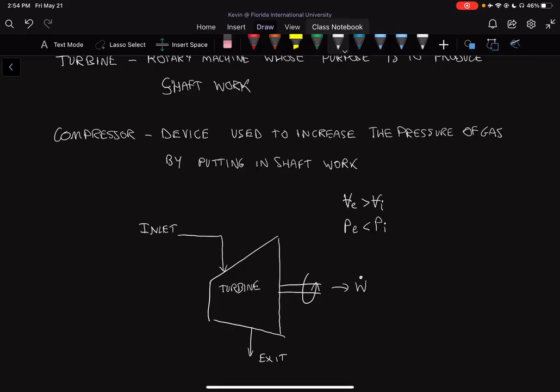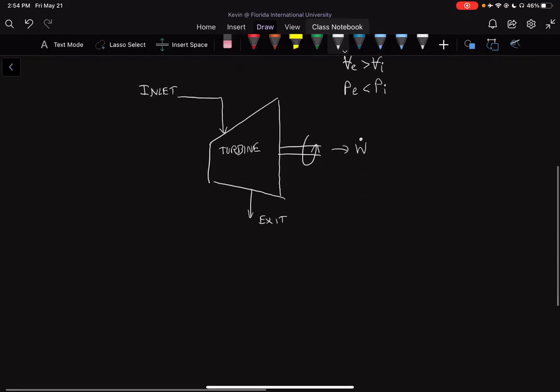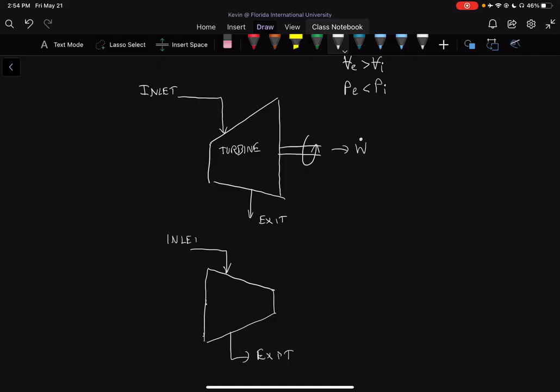Now, on the contrary, a compressor. We usually draw compressors in just the opposite direction, but it's pretty much the same thing. Our compressor looks something like this. We have an inlet once again, and an exit in the same way. The goal of our compressor, which we can write as comp, is that it uses work.